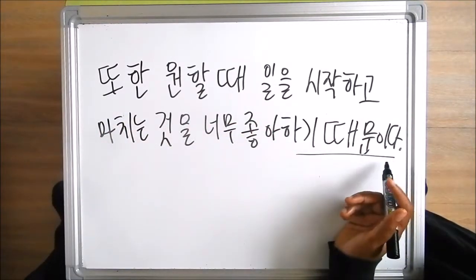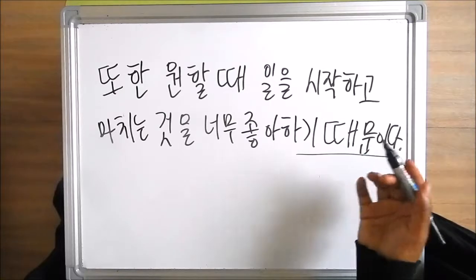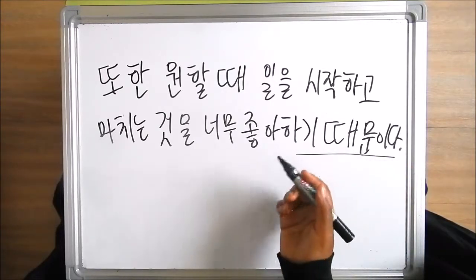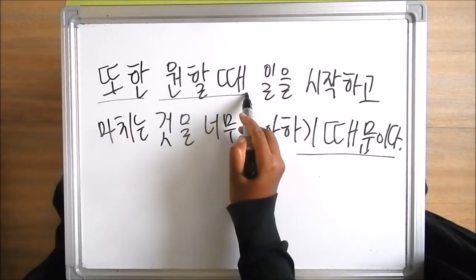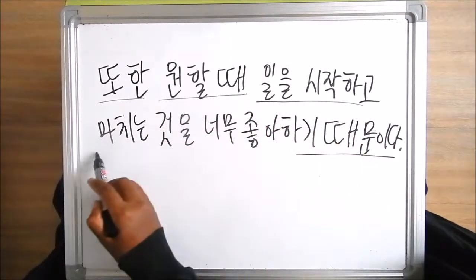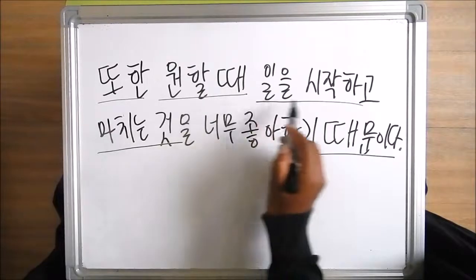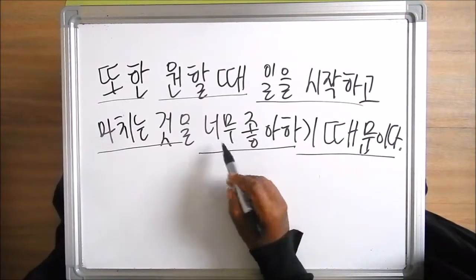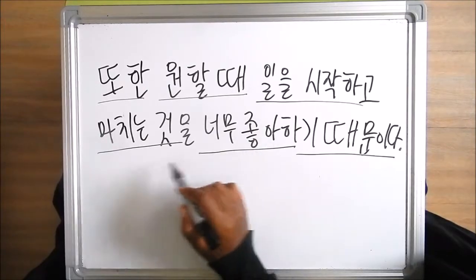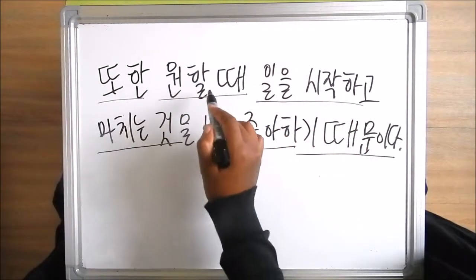It's fine. Or you can say because, the reason for this is because I like to start and stop work when I feel like it. So also, 원할 때, when I want, 일을 시작하고 마치는 거, starting and stopping work, 너무 좋아한다, because. So because I like starting and stopping work when I feel like it.